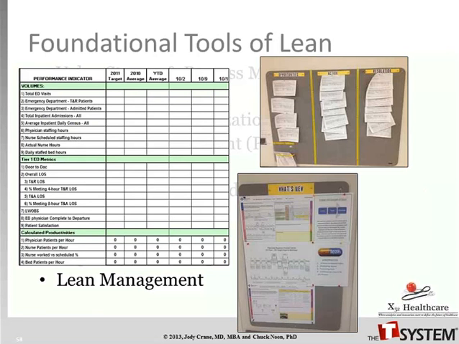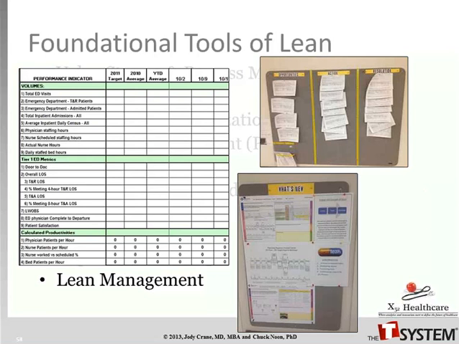And then lean management techniques. A dashboard is a great example of how to track data over time, looking at run charts and understanding if your organization's going in the direction it needs to go, looking at metrics, looking at intervals like Chuck talked about. The example to the right is a really great suggestion board where you can write any suggestion you want.